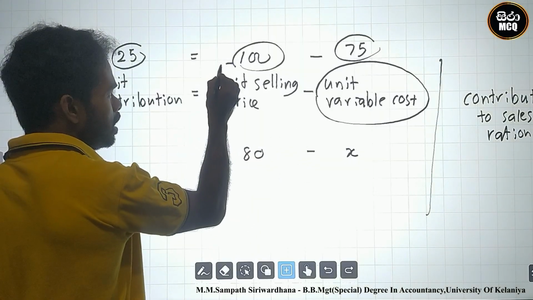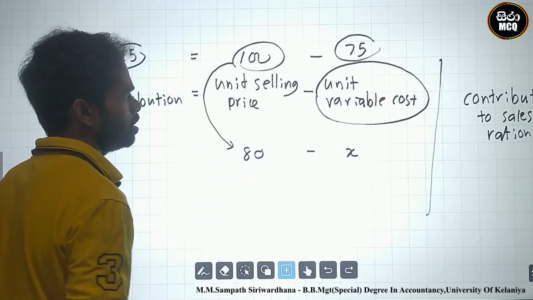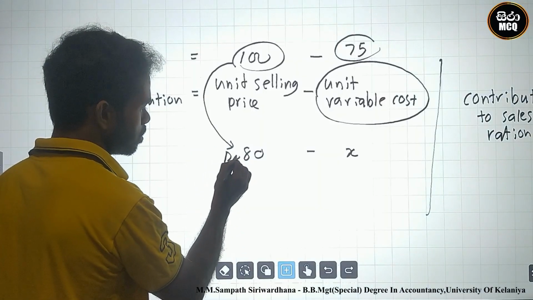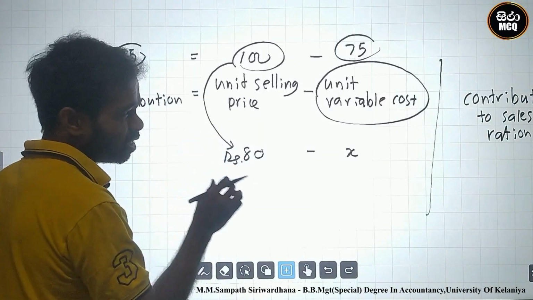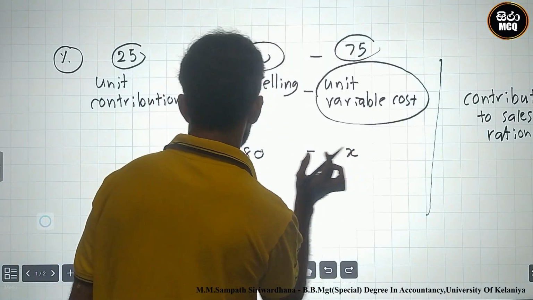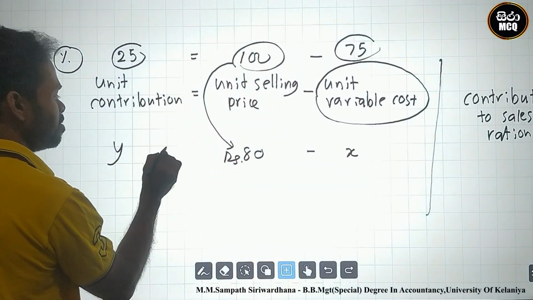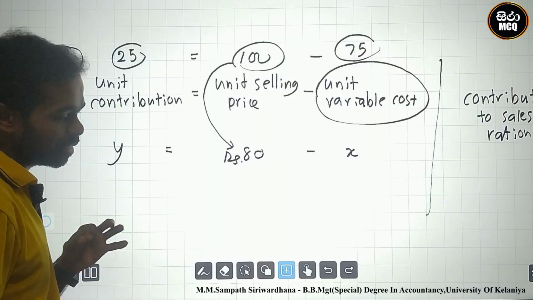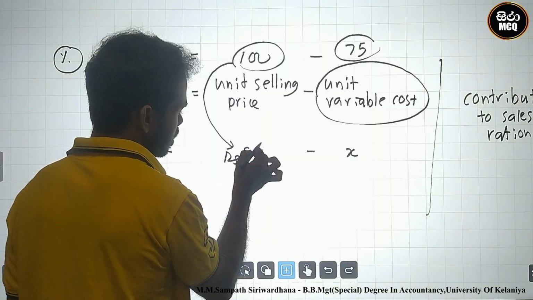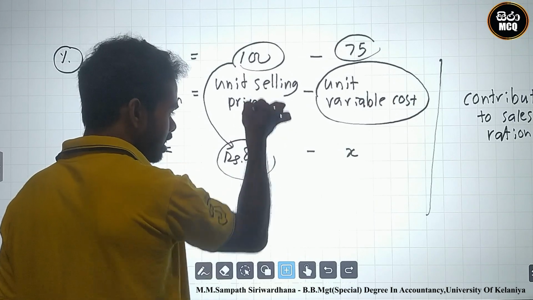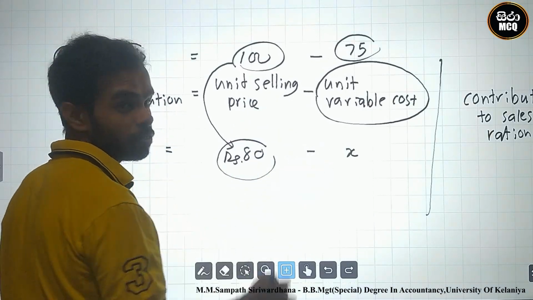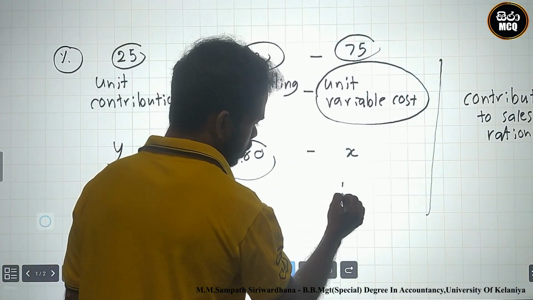Based on the percentage we link it to 80, because this is the actual rupees. How can we calculate x? Unit contribution is not given, therefore we use this 80 and this 100 directly to find the unit variable cost.